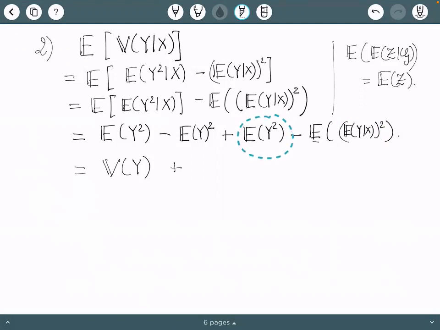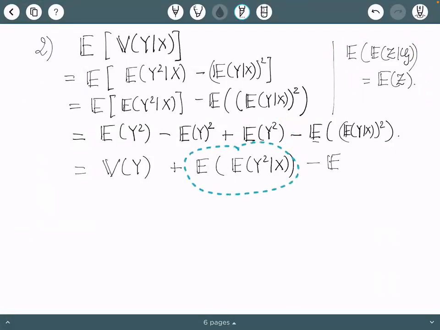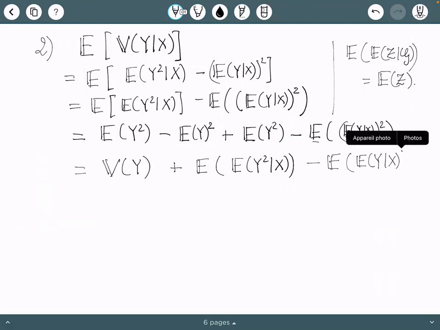That is true. I can write this guy as the expectation of the expectation of y squared given x. It is again the same property that I used previously, used here to replace this guy. I say it is the same as the expectation of the conditional expectation, and the second guy is still here: the expectation of y given x, everything squared.